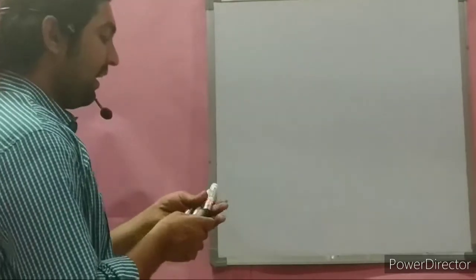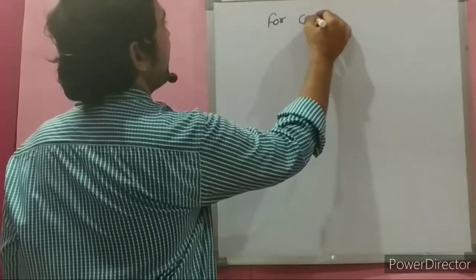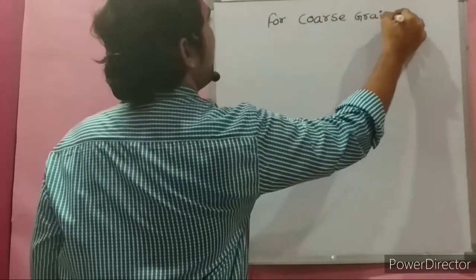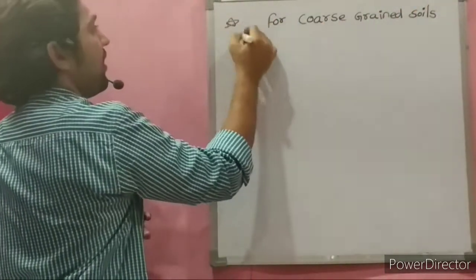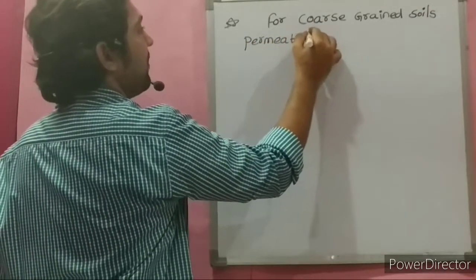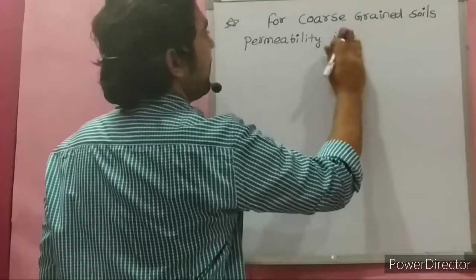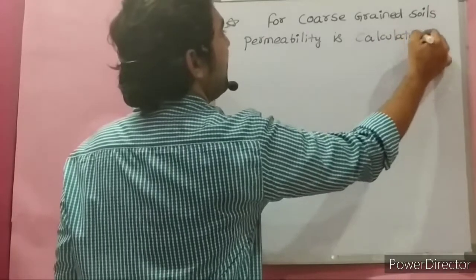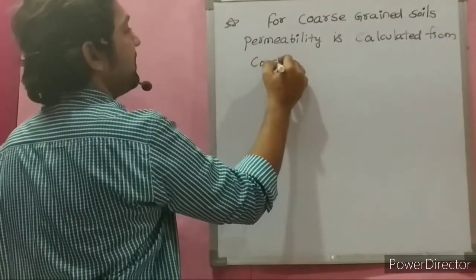So for coarse grained soils, the quotient of permeability is calculated from the constant head permeability test.